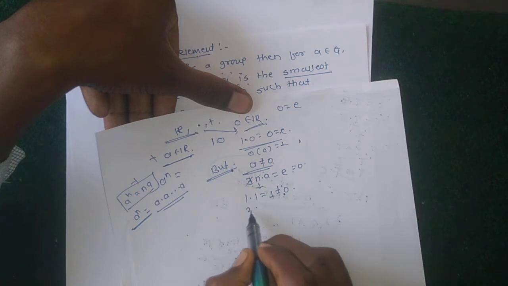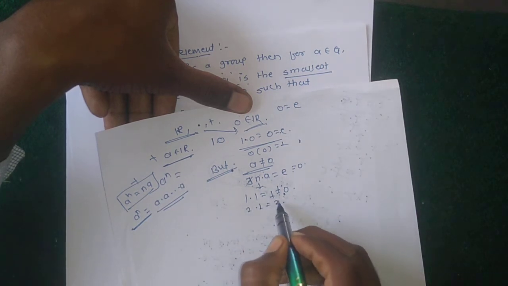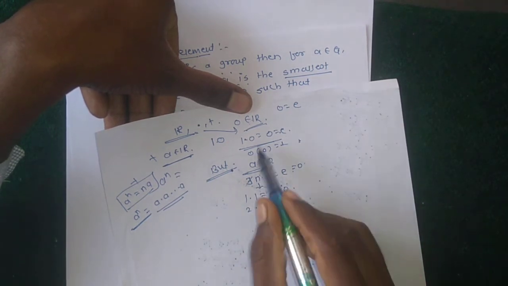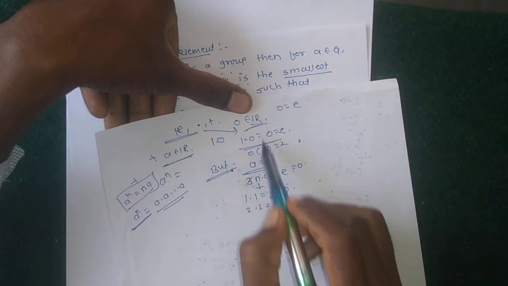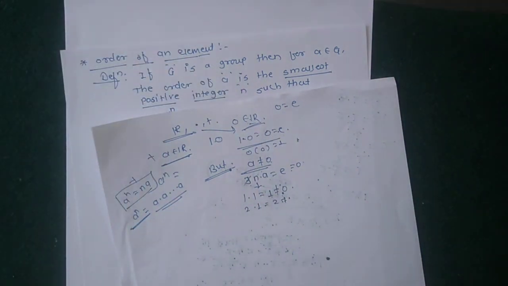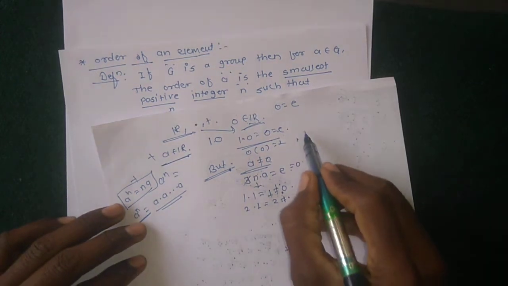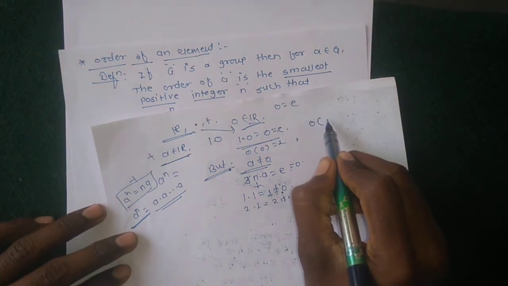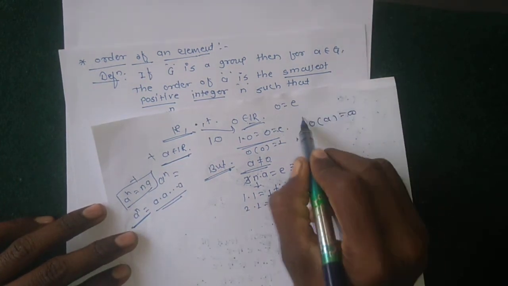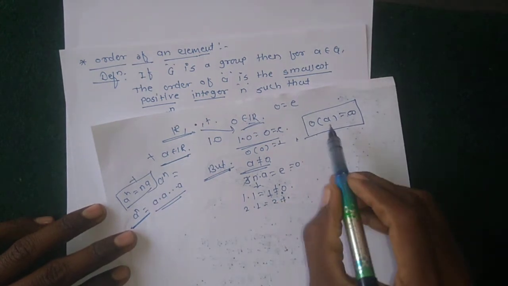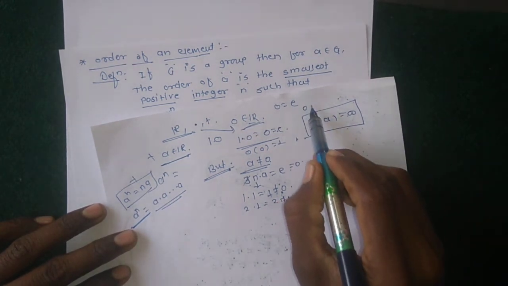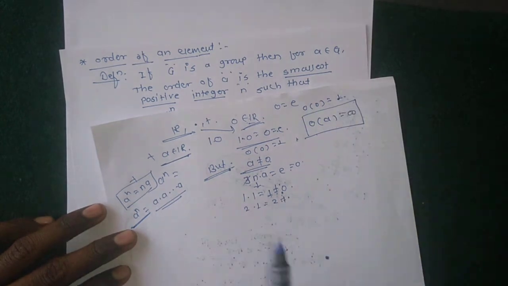Similarly, 2 into 1 is 2, not equal to the identity. So for a non-zero real number there does not exist a smallest positive integer n such that n times a equals the identity. Therefore the order of every non-zero real number is infinity, and only the order of 0 is 1.